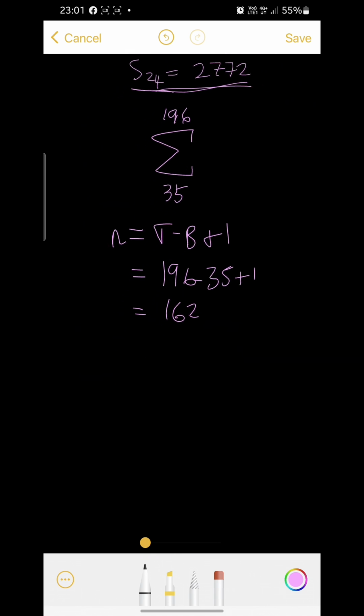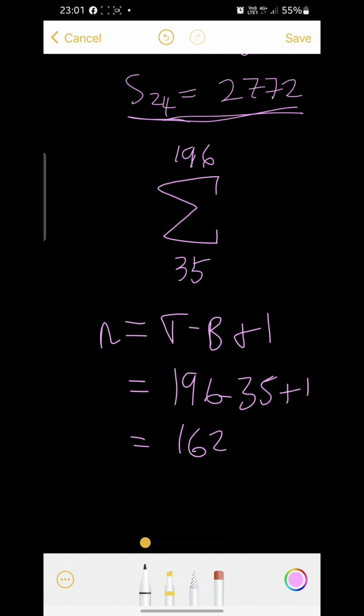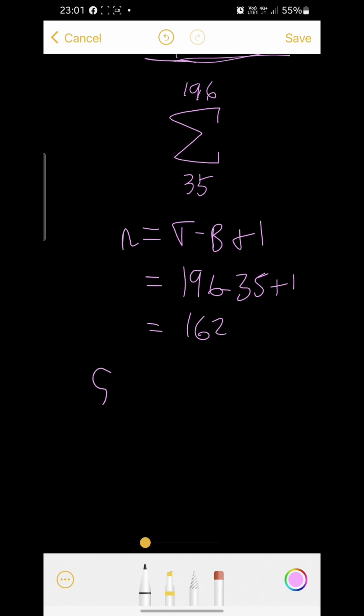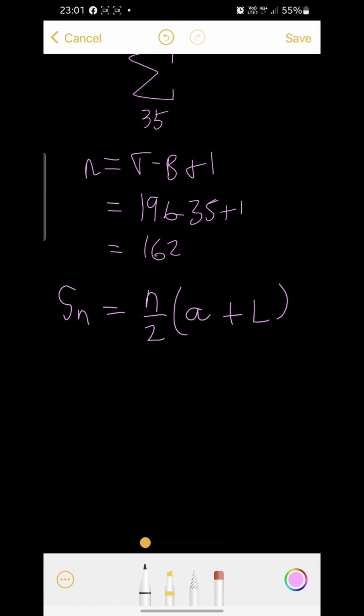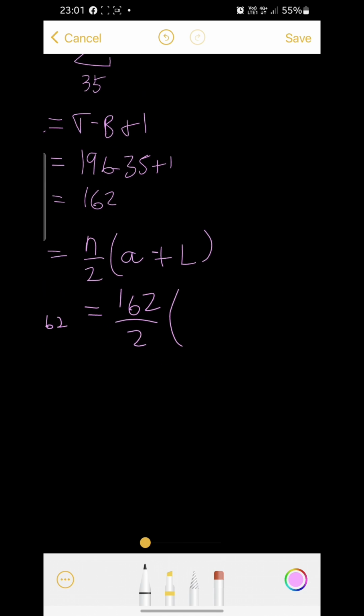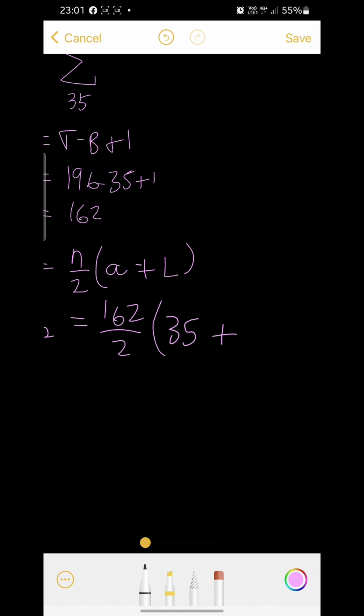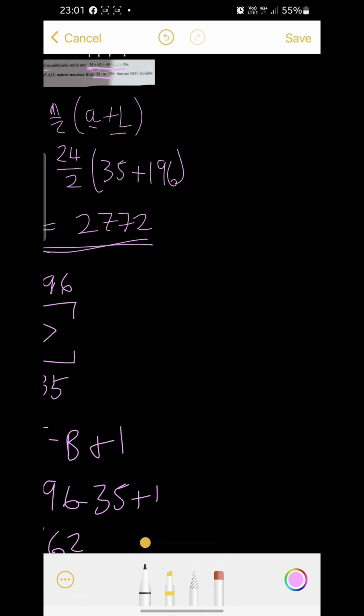So yet again, we can use the same formula because we know the first term, we also know the last term. So we use Sn is equal to n over 2 into A, which is our first term, plus our last term. So we're going to have S162 is equal to 162 over 2 into A, which is our first term, in this case 35, plus our last term, which they've given us as 196.